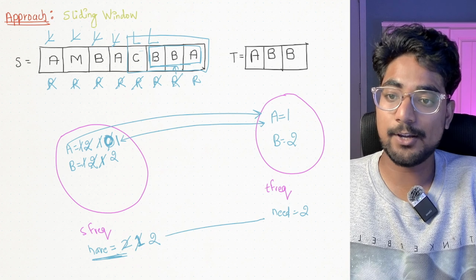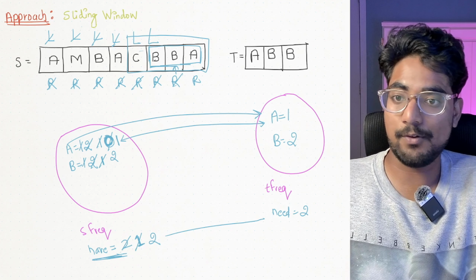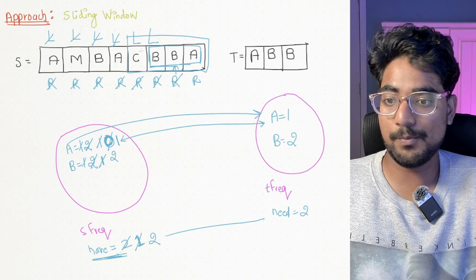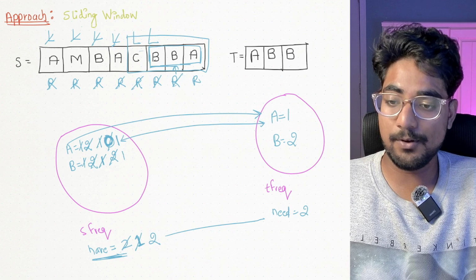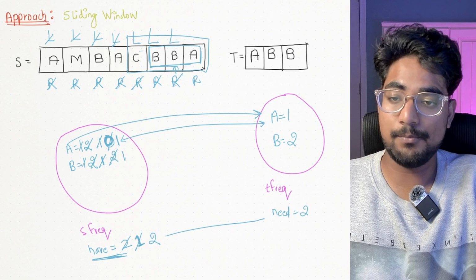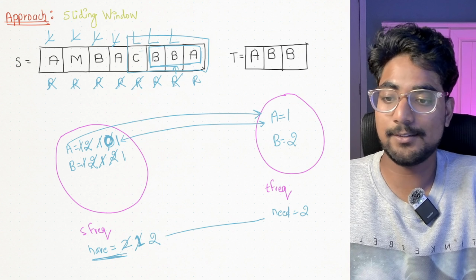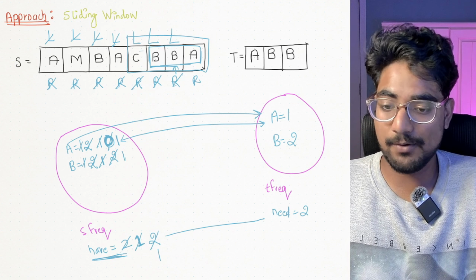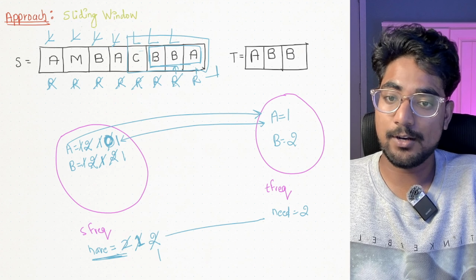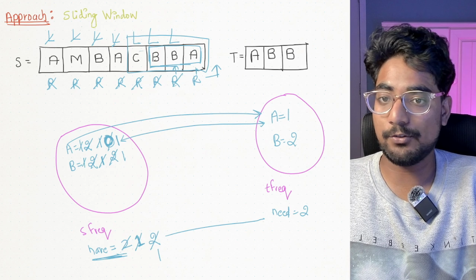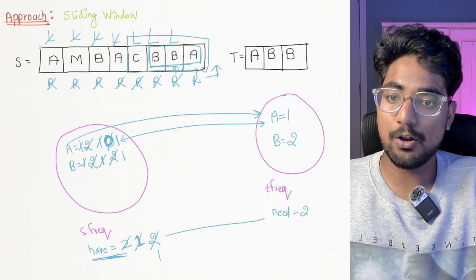We'll again try to decrease the value of left, okay? And the moment you decrease the value of left, the value of B will become 1 and L will be pointing here, right? And this is no more a valid answer. Your have will become 1 again. If this is not the answer, you increase your right pointer to the next pointer, and right now you've just exhausted all of the values here.